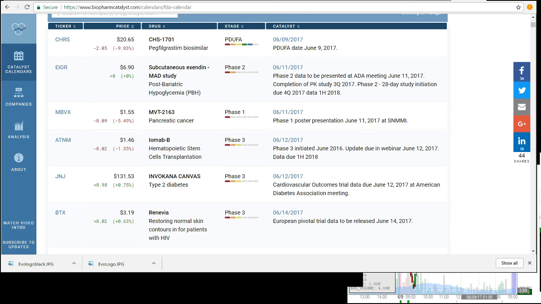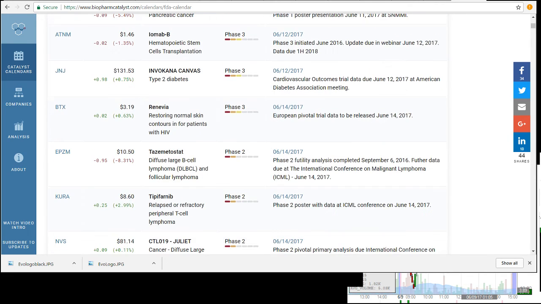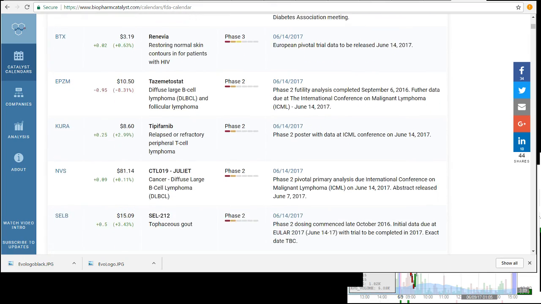But some of these, like this one, trial data to be released, this could be on or about the 14th, so don't always think that it's actually the 14th, or this one right here, this could be on or about the 9th. But if you research some of their drugs, expected news, anything like that, you're going to see some of these have some really big runs.